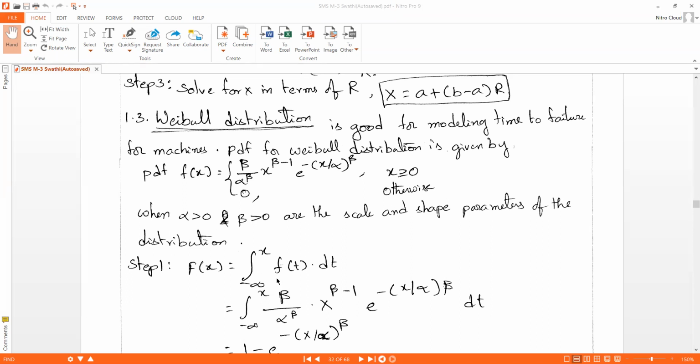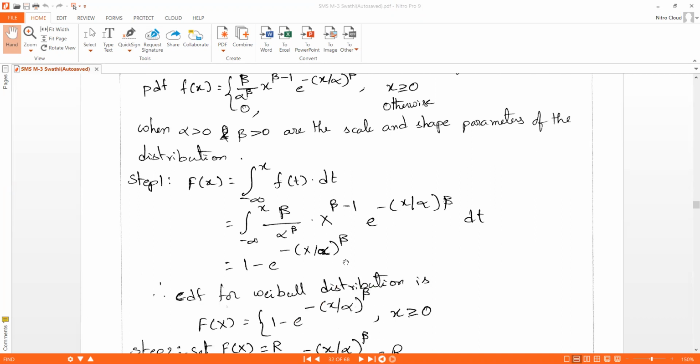Otherwise, f of x equals 0. Here alpha greater than 0 and beta greater than 0 are the scale and shape parameters of the distribution. Now we'll see step 1.